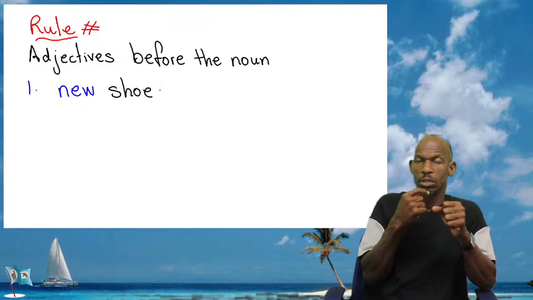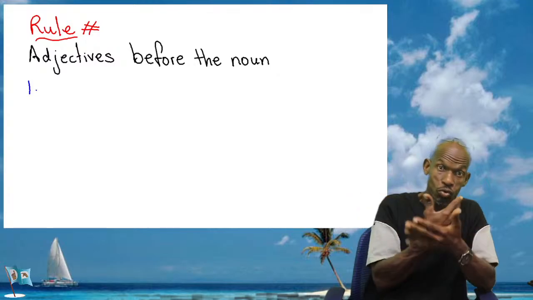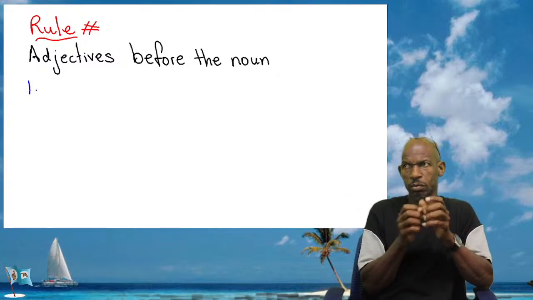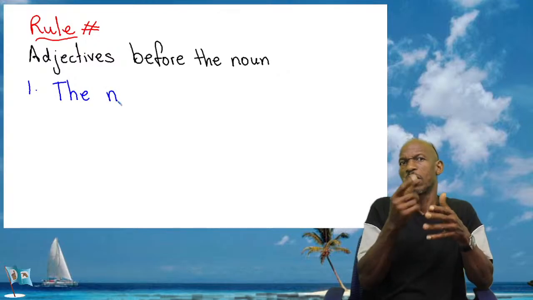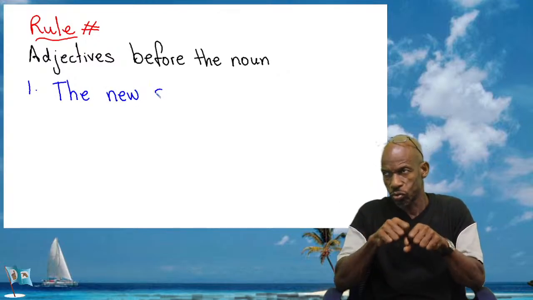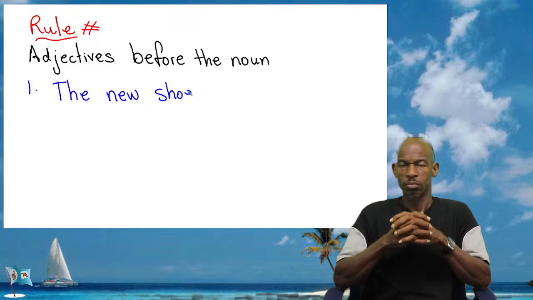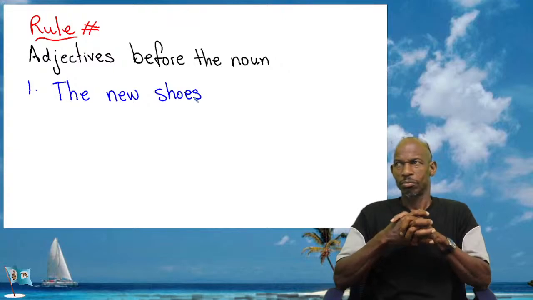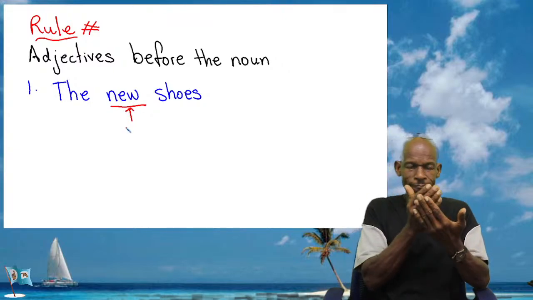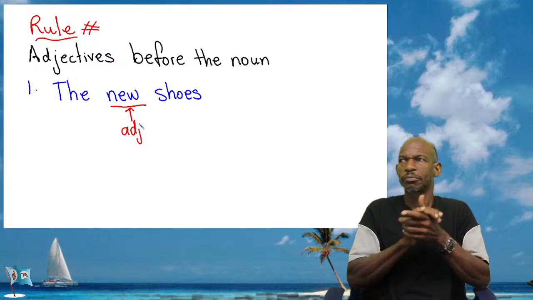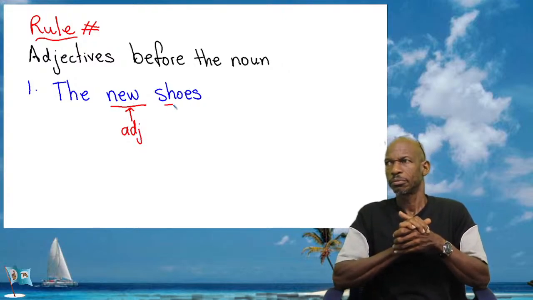And let me write it over again because I want you to see this. I can say the, because the is pointing, the new shoes. So I am putting the adjective before I put the noun. So this here is the adjective, ADJ, adjective for short. And this here is the noun.